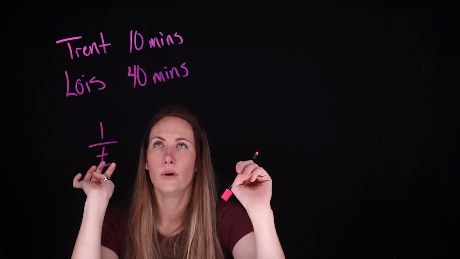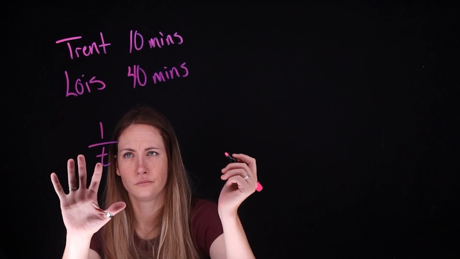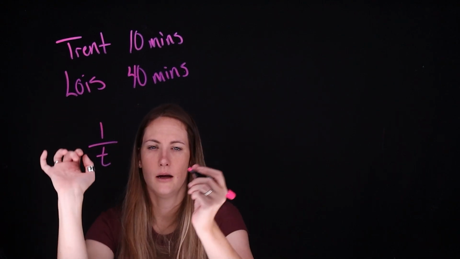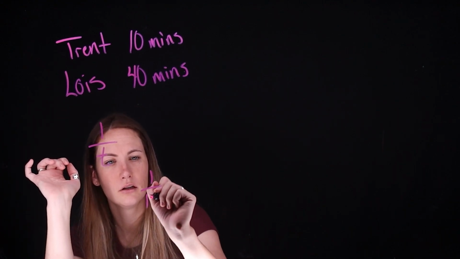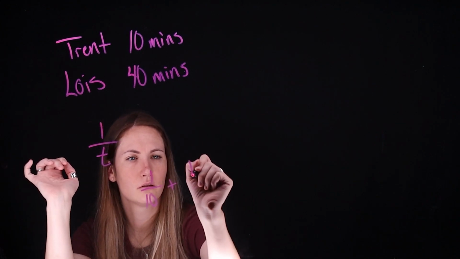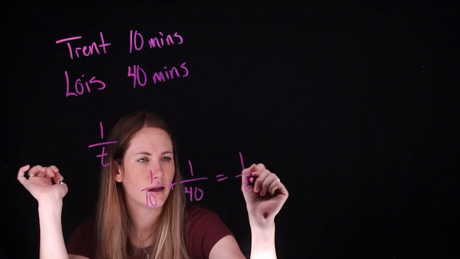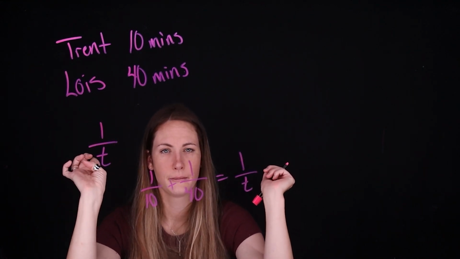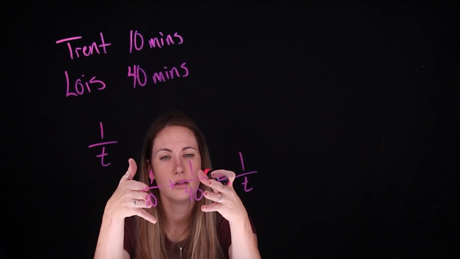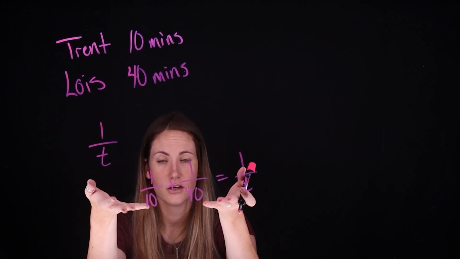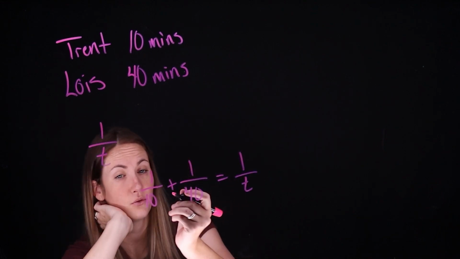So when we go to add these together, their part of the time, we'd have 1/10 plus 1/40 equals however much it took them to do it together. Now, to be able to do this, we need them to have the same denominator, so 10 goes into 40.